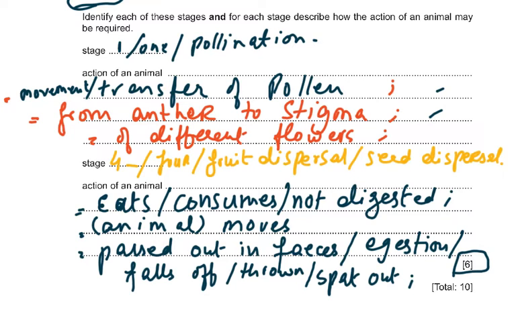As I explained in my video, berries will be eaten by birds, and then the birds will fly far away from the parent plant, and those seeds will be passed out undigested in the feces. So the seeds can be deposited maybe miles and miles away from the parent plant.